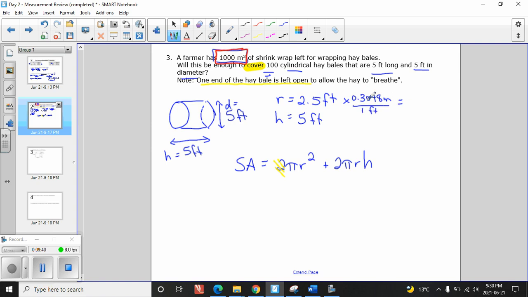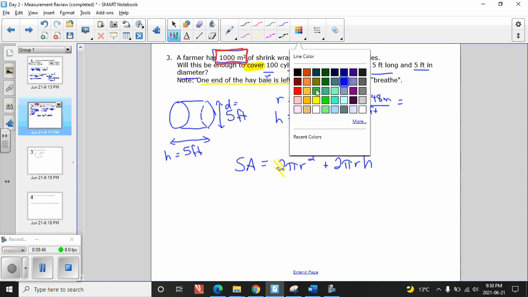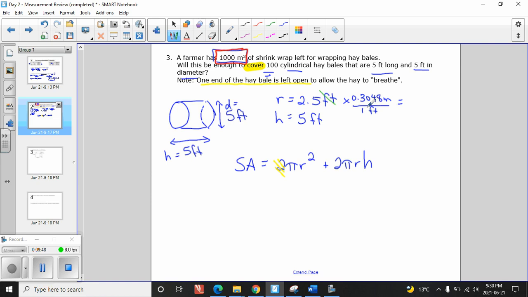So I can see we're just really going to be multiplying by 0.3048, and the units will simplify themselves out. Feet over feet, those are going to disappear, and we'll have a new answer in meters, and it's approximately 0.762.